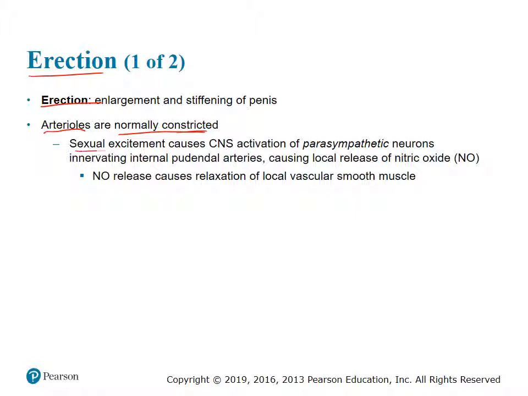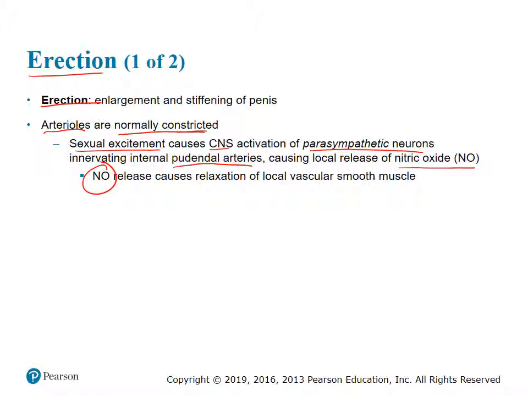Under sexual excitement, the central nervous system activates the parasympathetic neurons, and then the arteries found in the penis, called the pudendal arteries, will release nitric oxide.